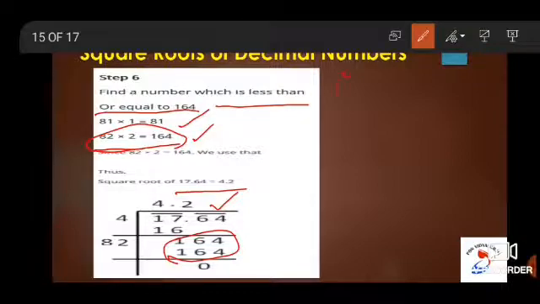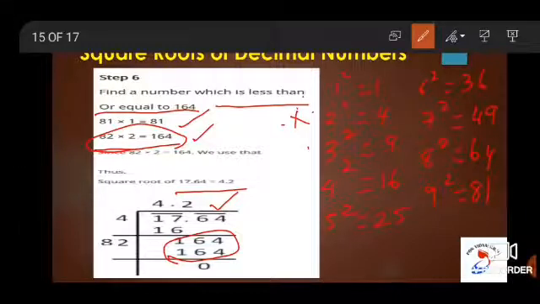That is, 1 square is 1, 2 square is 4, 3 square is 9, 4 square is 16, 5 square is 25, 6 square is 36, 7 square is 49, 8 square is 64, 9 square is 81, and it goes on. At least be clear from 1 to 9. These are all the important steps for performing the square root of any given number by the method of long division.